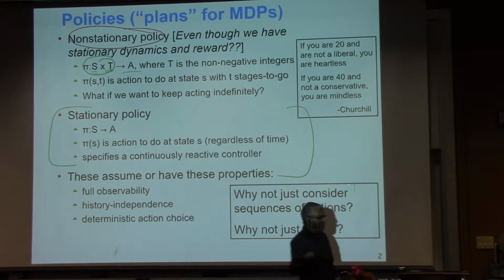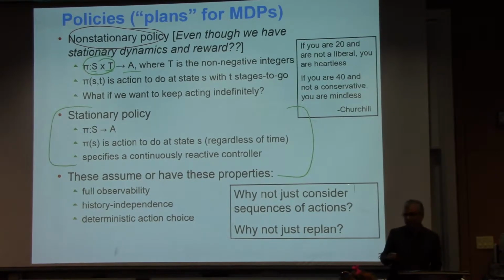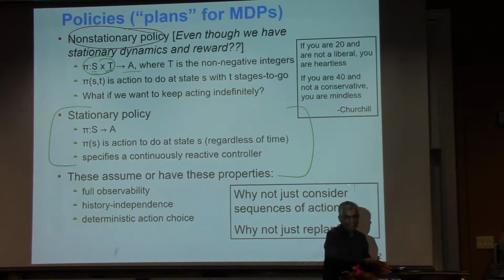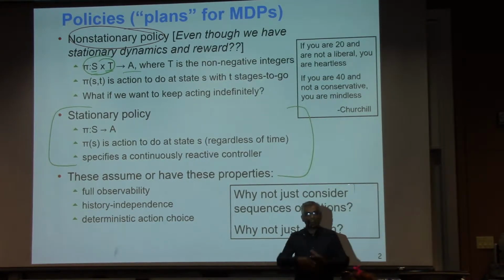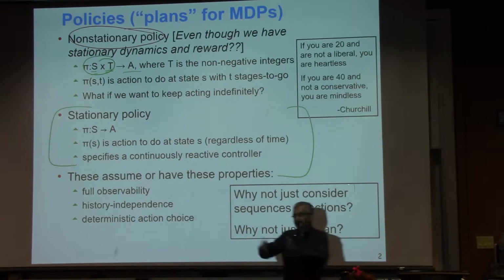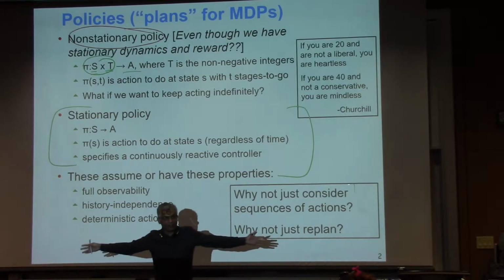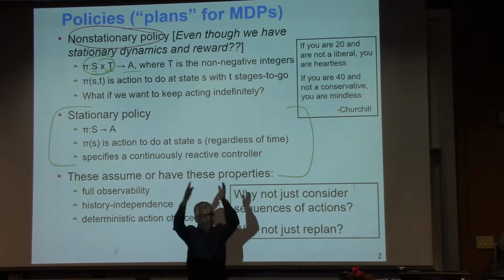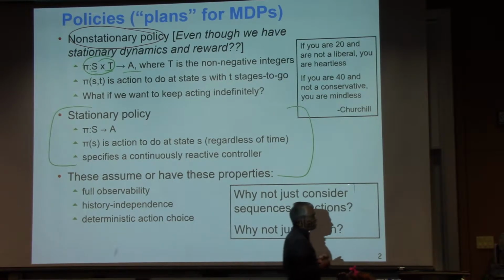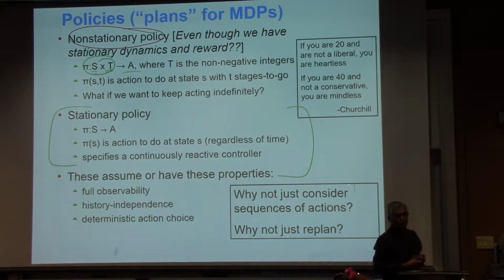If there are A actions that you can do in each state S, then in the worst case the number of policies would be A times A times A, S number of times. So it will be A power S.